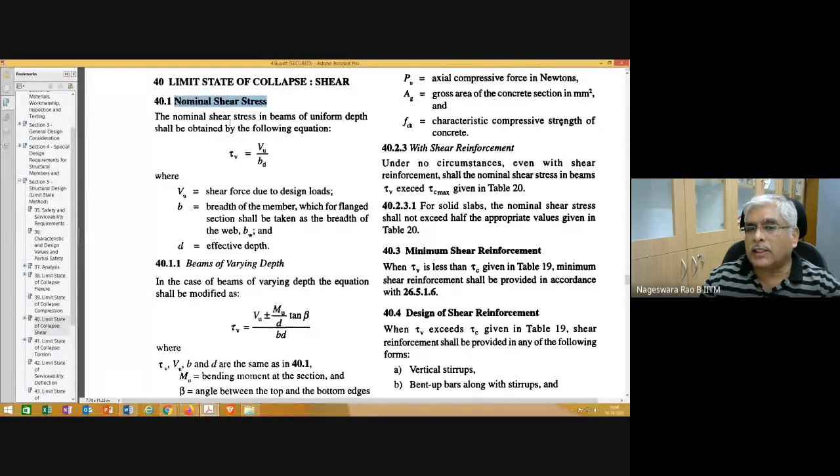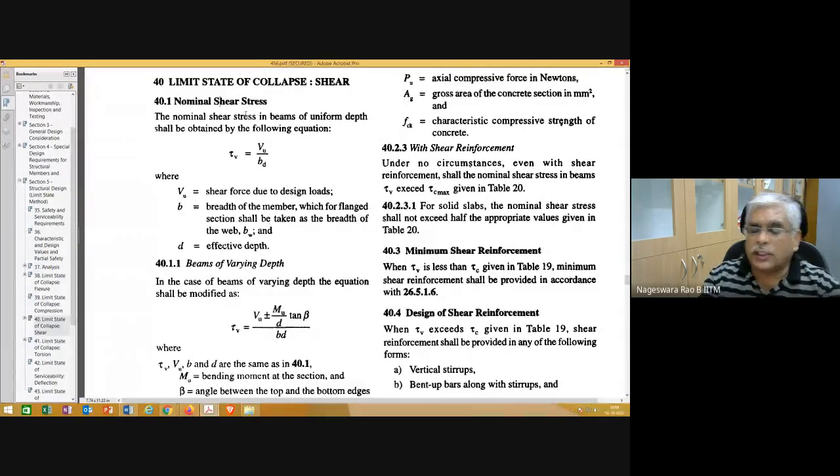Nominal shear stress in beams of uniform depth shall be obtained by the following equation. Please note that this shear stress is going to vary along the length of the beam as well as along the depth of the beam, along the cross section.